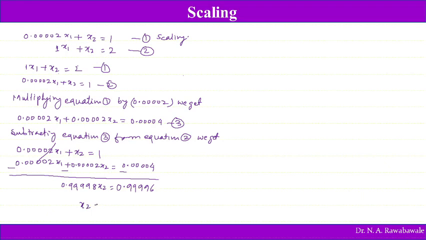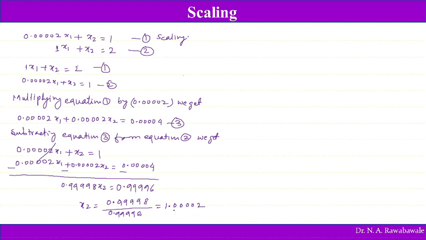So x2 is equal to 0.99998 divided by 0.99996. So this is going to be 1.00002.